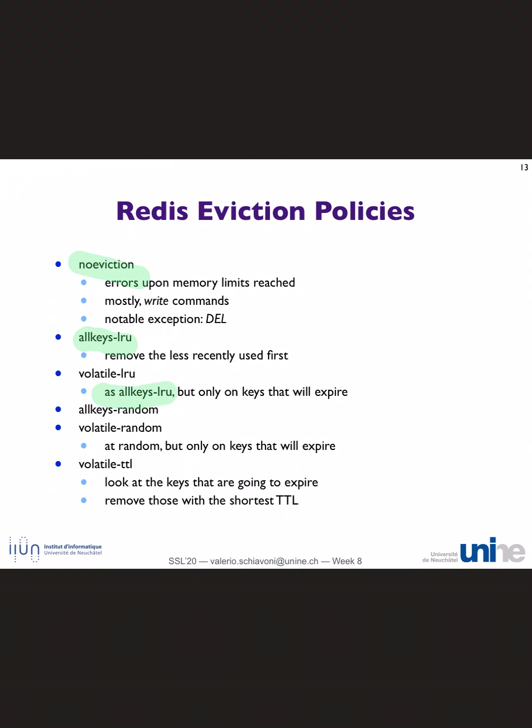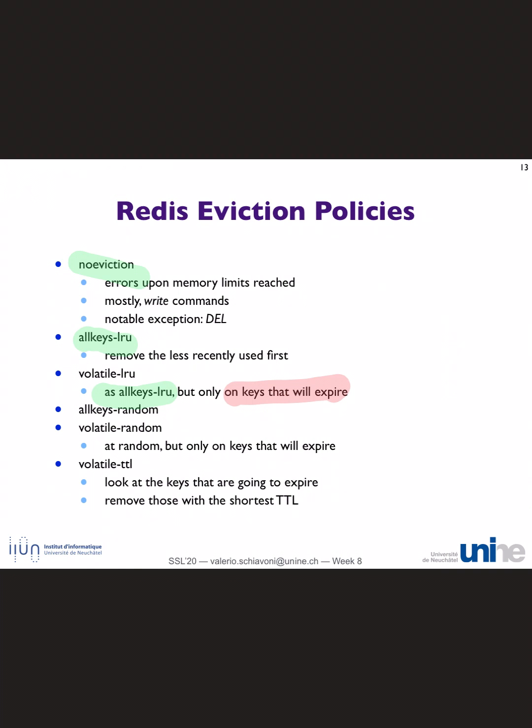It's called volatile LRU, and what it does is to also remove the least recently used, but the variant is that it only does this eviction on keys that are going to expire. What are the keys that are going to expire? Those for which there is a TTL, a time to live, that was set, and for which the time to live is not yet 0.